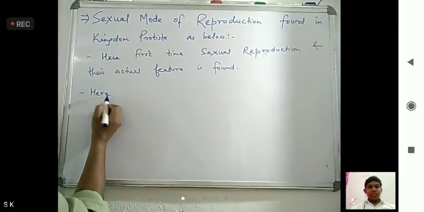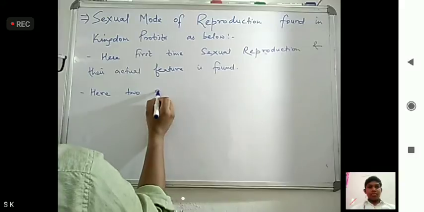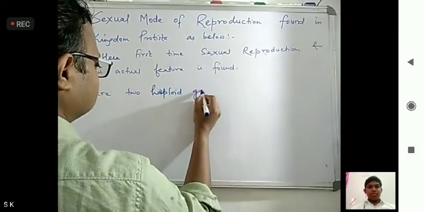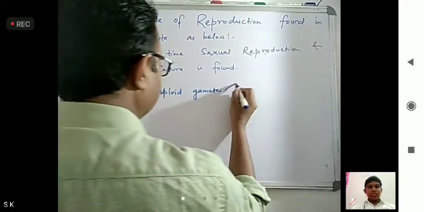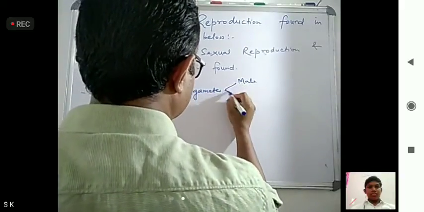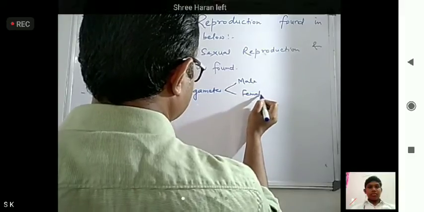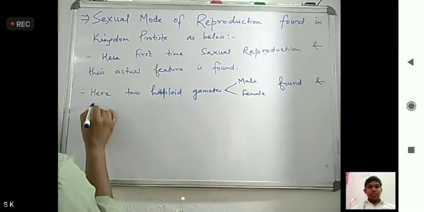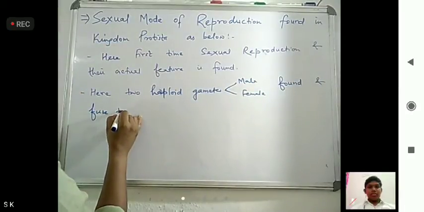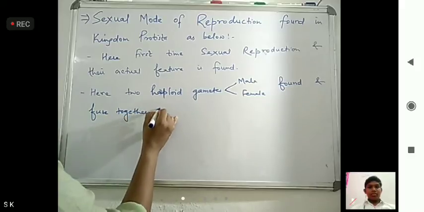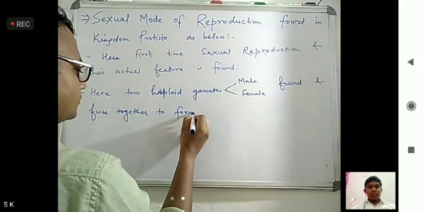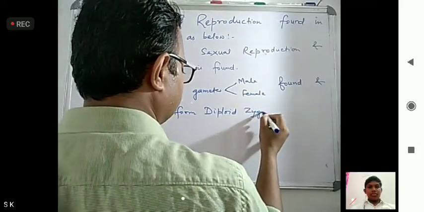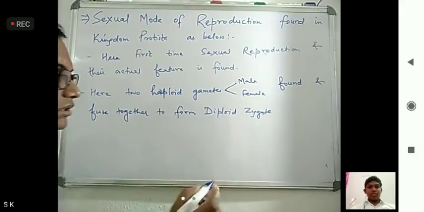Here, two haploid gametes, male as well as female, are found and fuse together to form a diploid zygote. What is that? Diploid zygote.